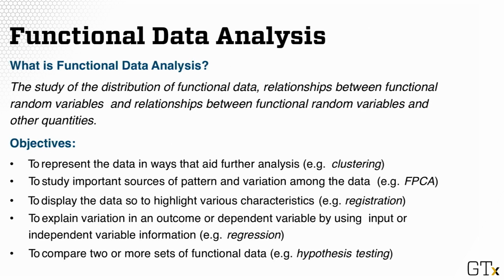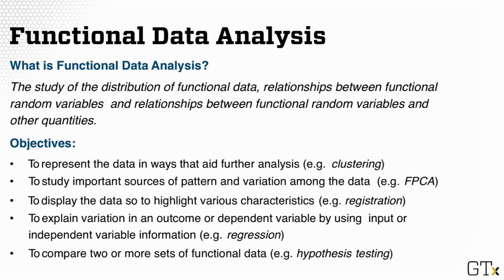In the analysis of functional data, we study the distribution of the process generating the functional data along with the relationships between functional random variables and relationships between functional random variables and other quantities. Functional data analysis methodology has focused on many areas of research.